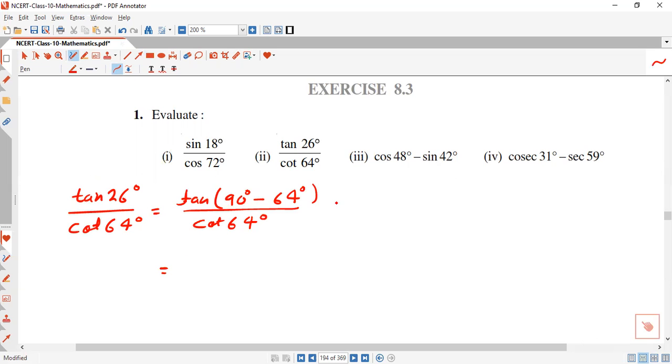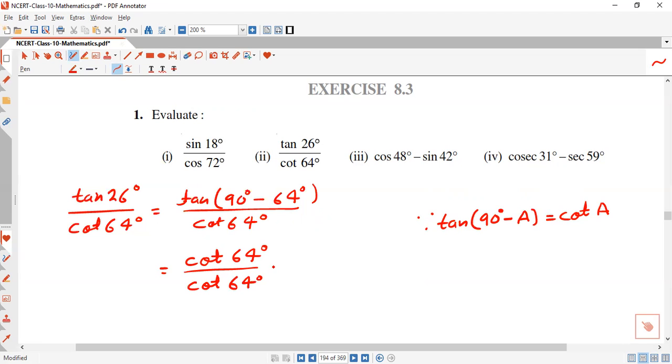Since we know that tan of 90 degree minus A equals cot A, this will be equal to cot 64 degree divided by cot 64 degree. That will be equal to 1.